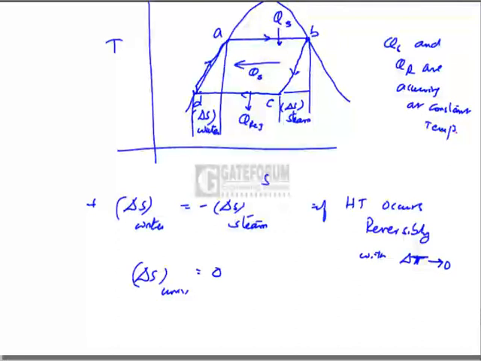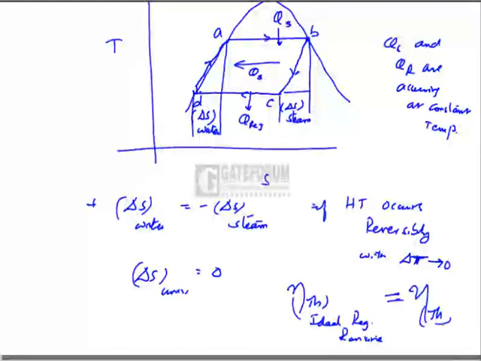This ideal regenerative Rankine cycle can be considered a reversible cycle. Therefore, the thermal efficiency of the ideal regenerative Rankine cycle shall be equal to the thermal efficiency of the Carnot cycle.